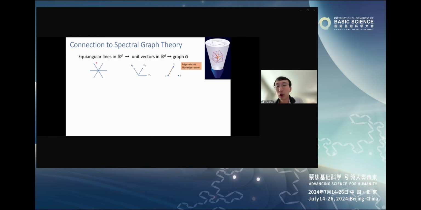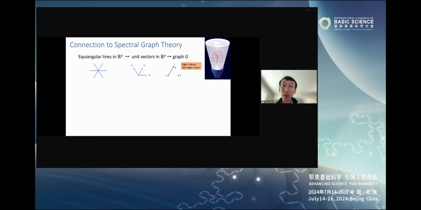Starting with a configuration of equiangular lines in R^d, we can form a set of unit vectors by taking one vector in the direction of each line. There's a choice that you can make here because, instead of taking v1 like this, I could have taken the negative v1. But for now, I'll make that choice arbitrarily, and we can come back to it later on. Through this set of unit vectors, we can form a graph.